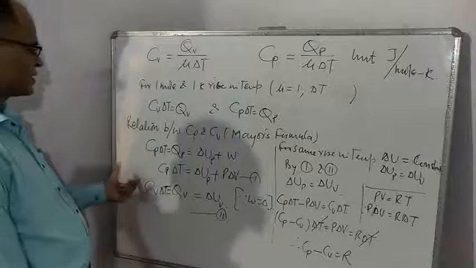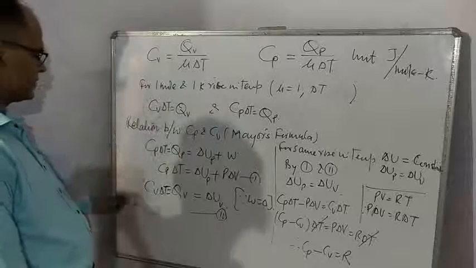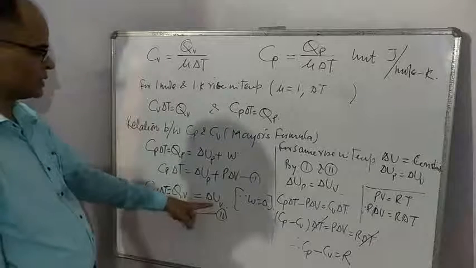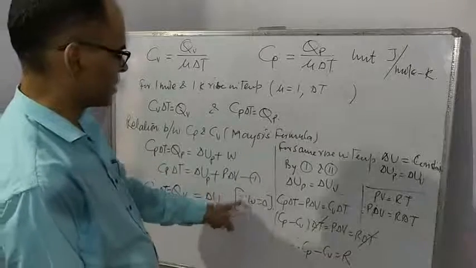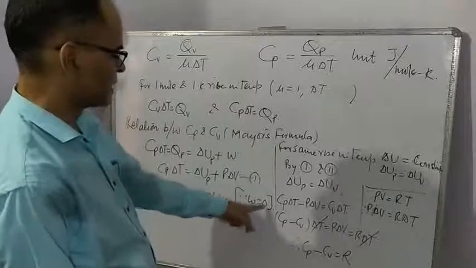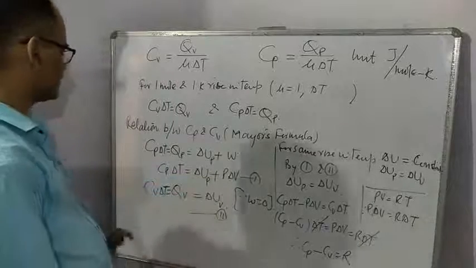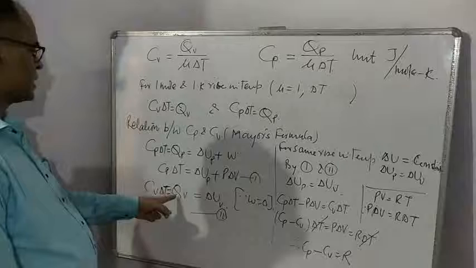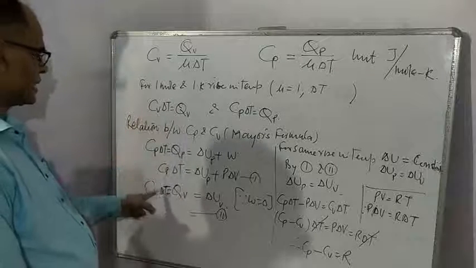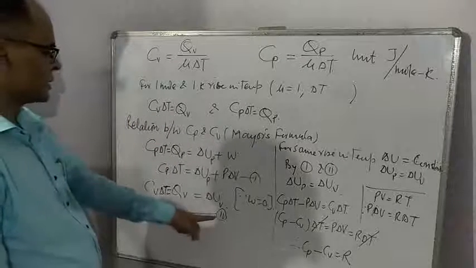Now apply the first law of thermodynamics on the constant volume process. Qv is equal to delta Uv, because in an isochoric process, that is when volume is constant, work done is 0. So Qv is equal to delta U and Qv is equal to Cv delta T. So writing the values, we get equation number 2.